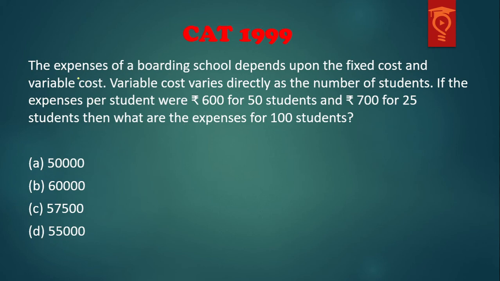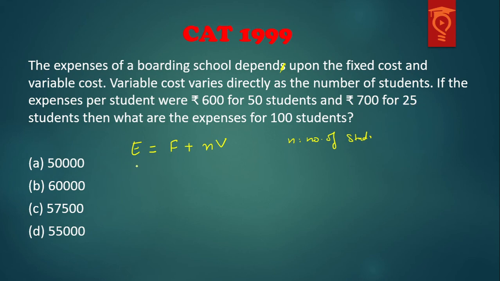First, the equation method. The expenses of a boarding school should depend upon the fixed cost and variable cost. So let us say the expenses is fixed cost plus n times variable cost, where n is the number of students. Expenses per student was 700 when there were 25 students.